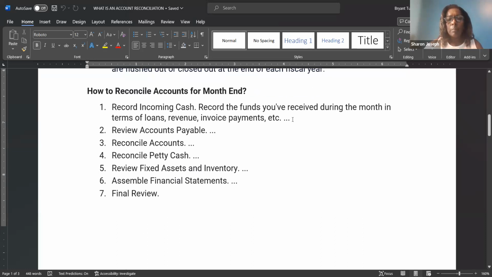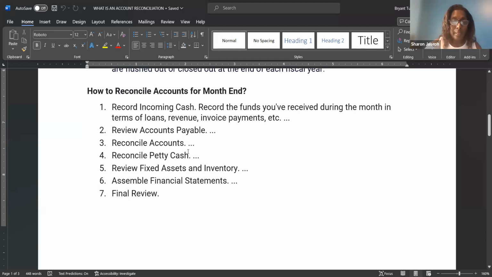So at month end, the types of account reconciliations that you do: you look at incoming cash, you make sure that funds you received were recorded correctly. You make sure that loans and revenues are recorded correctly and invoice payments are made. You review the accounts payable account. You reconcile whatever accounts are on your balance sheet.